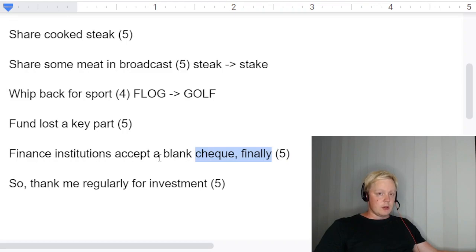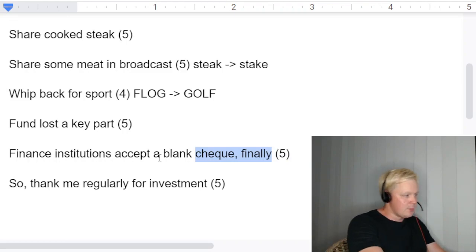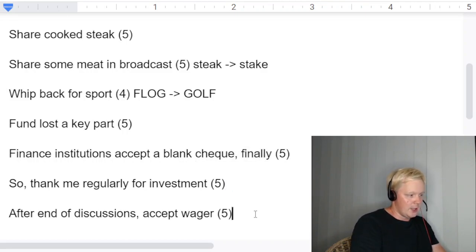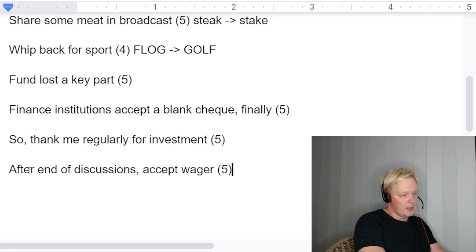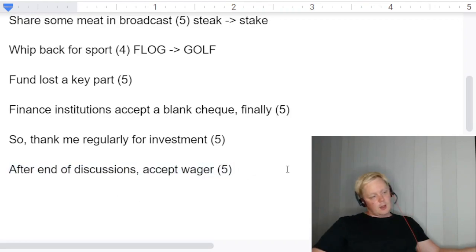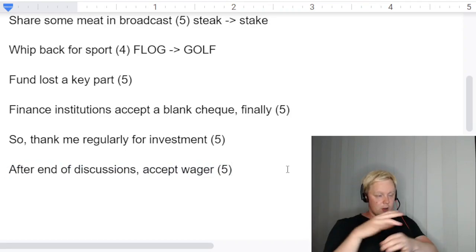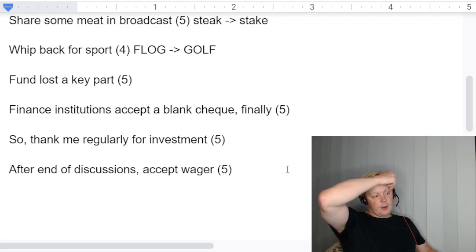We should talk also about positioning. So anytime you see a word, let's put a clue here. Anytime you see a word that means positioning something in relation to the other thing, like for example here after end of discussions, accept wager. Whenever you see a word like that, it usually indicates the order of the parts.